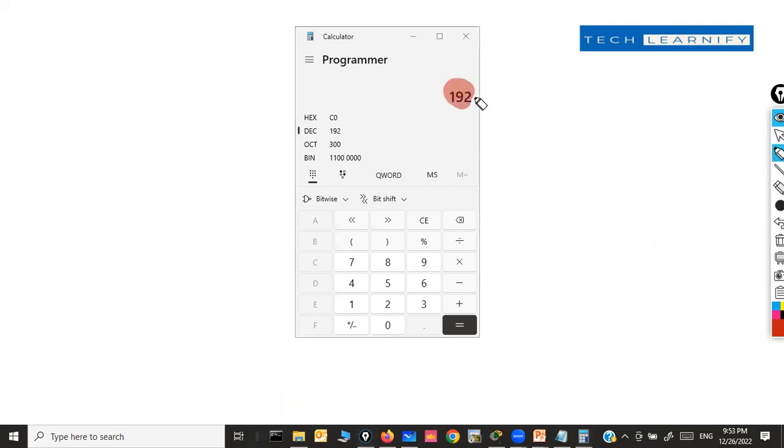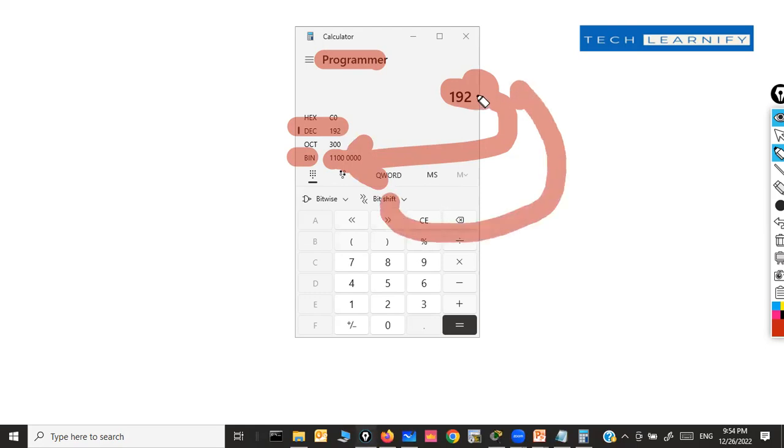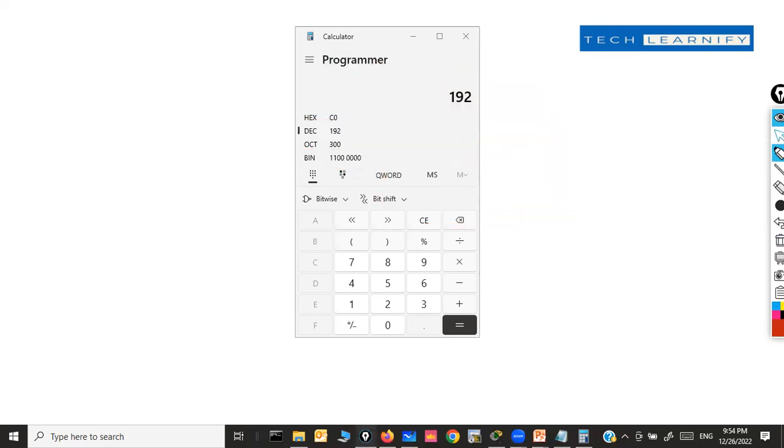What I did, I typed in decimal, see here, decimal 192, and its binary representation is 1100 and then 00. So even we have the calculator, we can easily convert this decimal number into binary, but you should also know how to do the conversion, in both ways, decimal to binary and binary to decimal.